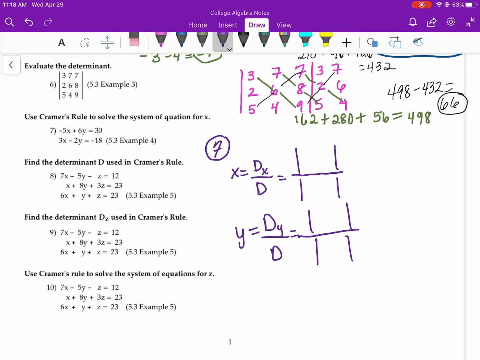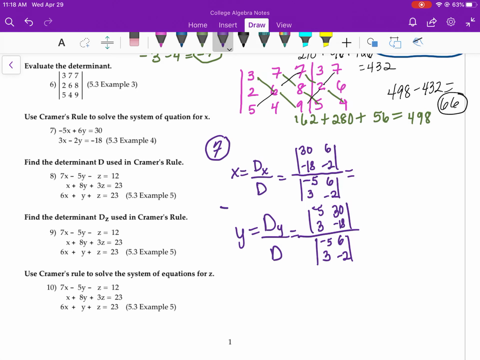So I'm going to go ahead and put in my x coefficients and my y coefficients. And then when I'm solving for x, in the first column I put my constants and they go in the second column for y. Then I copy up what's underneath and then I'm ready to go.